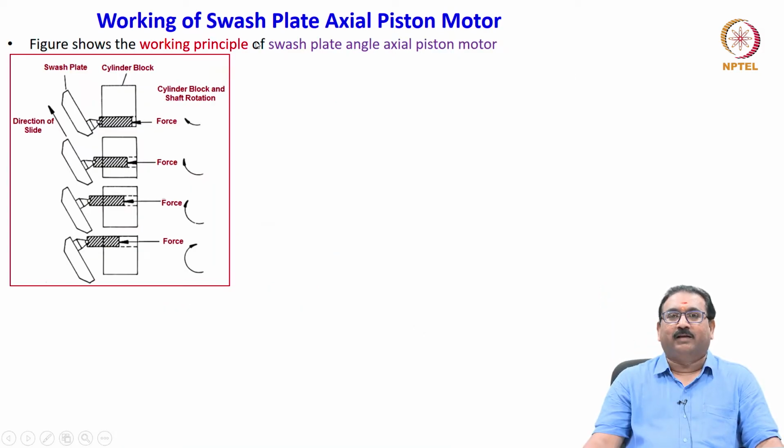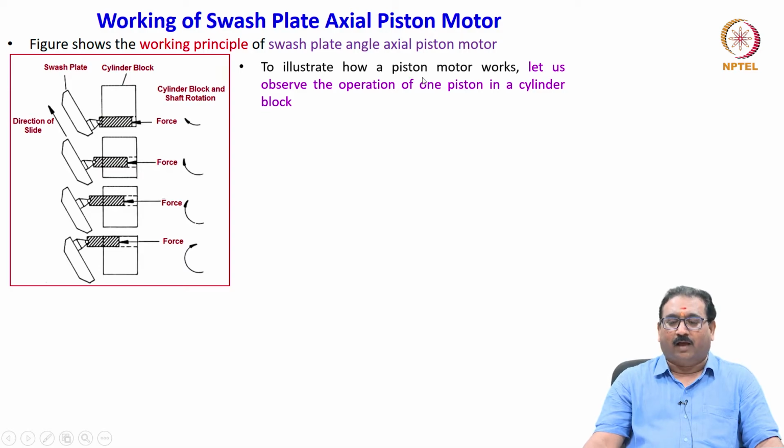Now you will see the working of the swash plate axial piston motor. In this sketch you will see here, friends, I have shown the swash plate and only one piston in the cylinder block.